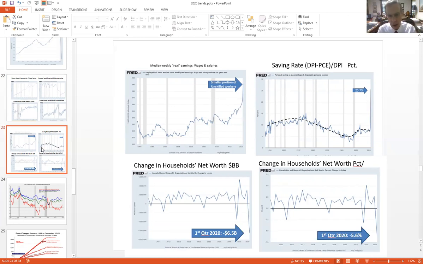The reason why this median has gone up is because people who earn lower wages are not in the sample any longer. They're unemployed. So in the population that remains to be surveyed, the median goes up. It was going up anyway, and that's a good sign, especially recently.